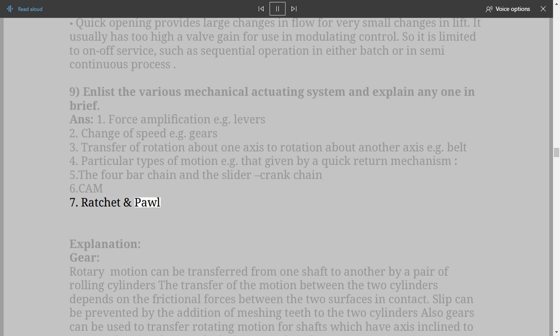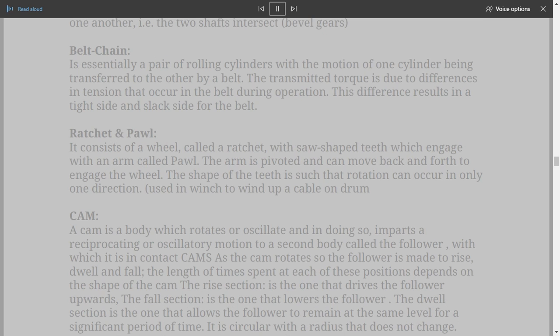Explanation: gear. Rotary motion can be transferred from one shaft to another by a pair of rolling cylinders. The transfer of the motion between the two cylinders depends on the frictional forces between the two surfaces in contact. Slip can be prevented by the addition of meshing teeth to the two cylinders. Also, gears can be used to transfer rotating motion for shafts which have axes inclined to one another, i.e. the two shafts intersect.